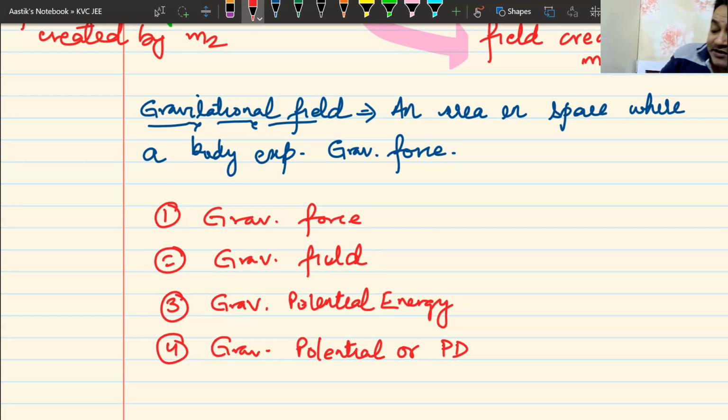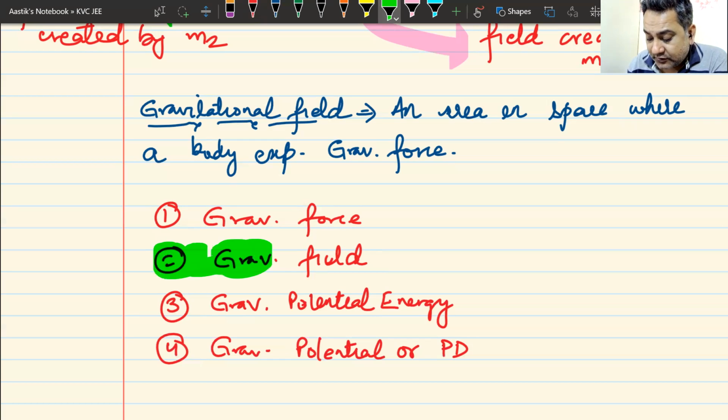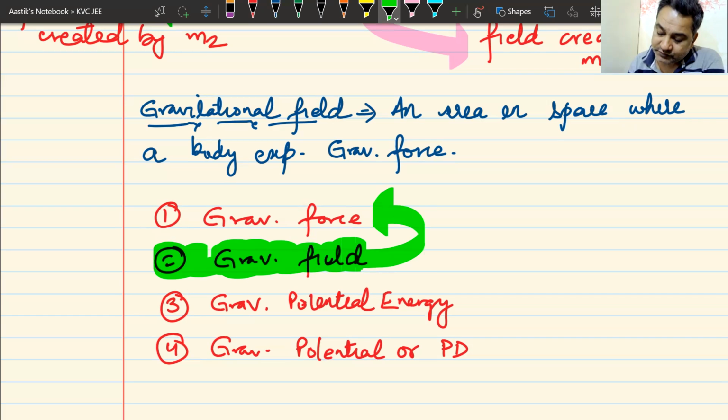Now let us try to understand the main topic here. What is gravitational potential energy? Before that, let us revisit. The first thing we have understood is that wherever mass is there, it will create a field. If another mass comes in that field, it will experience gravitational force.